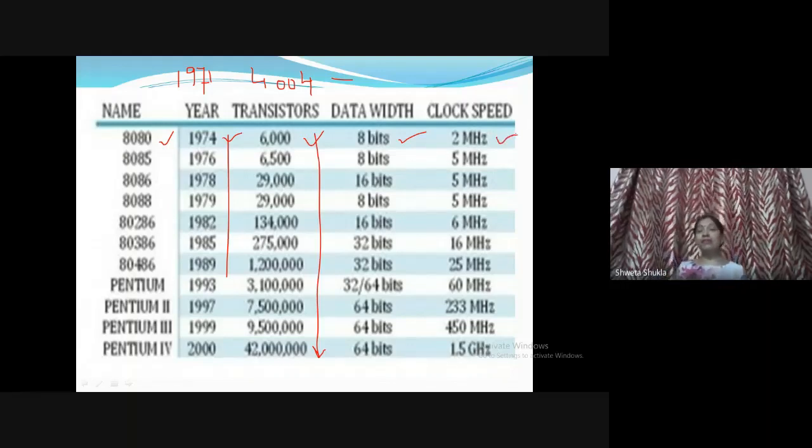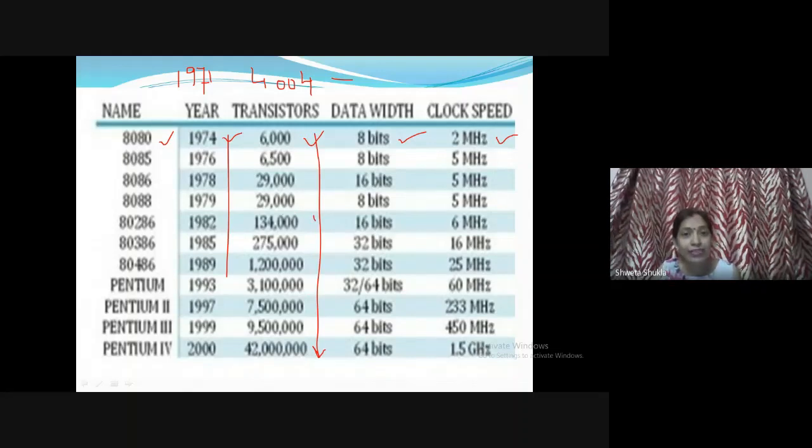As microprocessors improve, the number of transistors increases from 6000 to 6500, 29,000, then 134,000, then 275,000, and then 1,200,000 transistors.